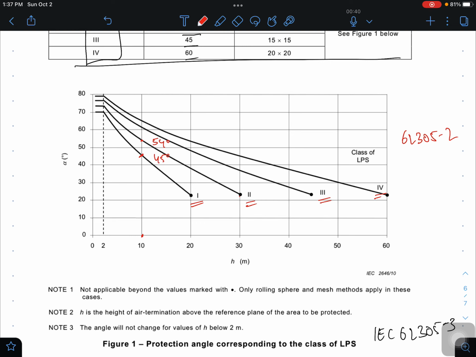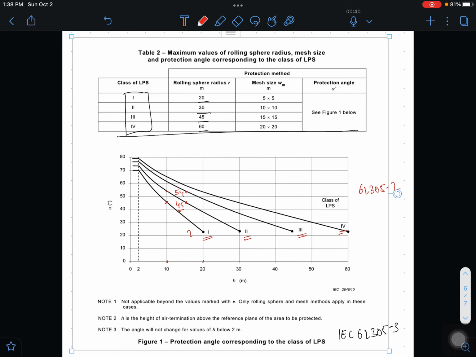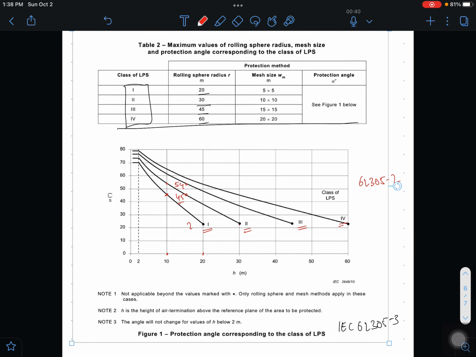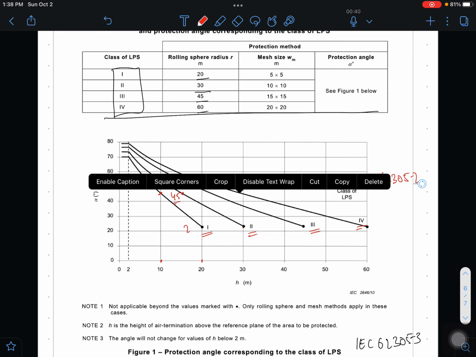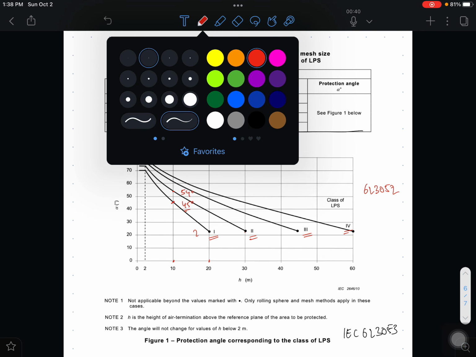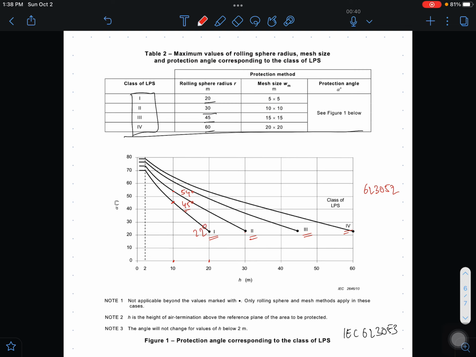Now suppose your height is 20 meters, then again the angle cannot be 45 degree. In case of class 1, this will become 22 degree, and in case of class 2 it will become somewhere around 38-39 degree.